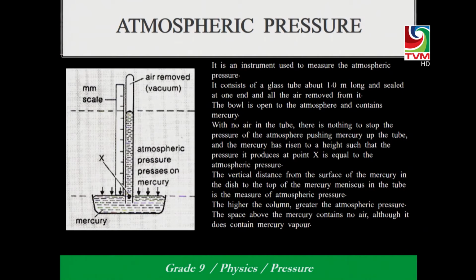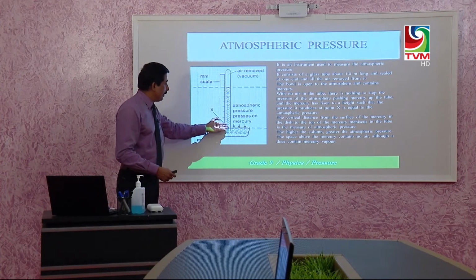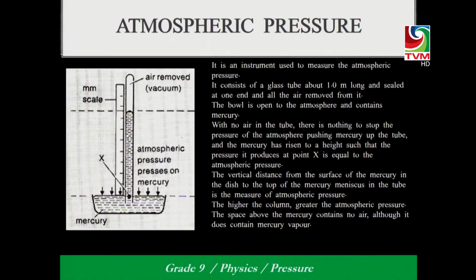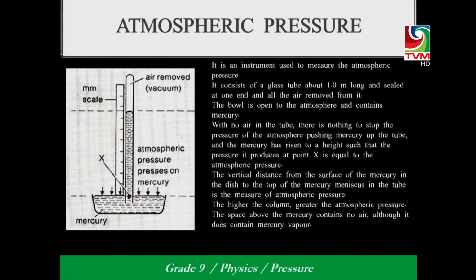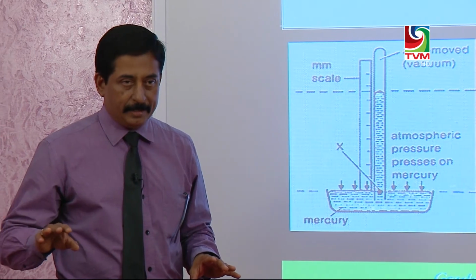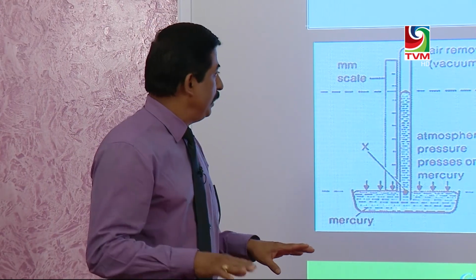Due to the pressure difference, the atmosphere exerts a force on the mercury surface, so the mercury level rises and stays at a particular constant level. If you measure the vertical height from the upper meniscus to the surface, this height will give the pressure of the atmosphere. Usually, it will be around 760 millimeter of mercury. 760 millimeter of mercury is the normal atmospheric pressure acting at sea level.